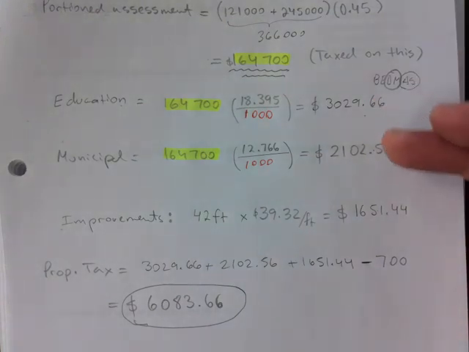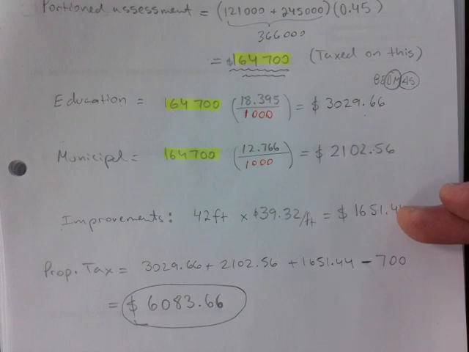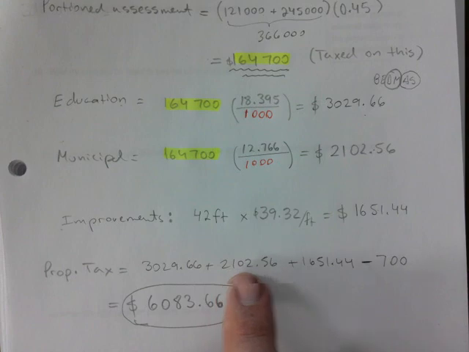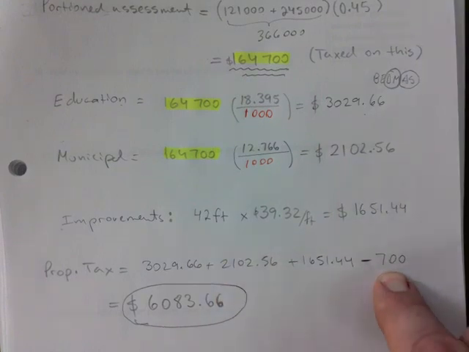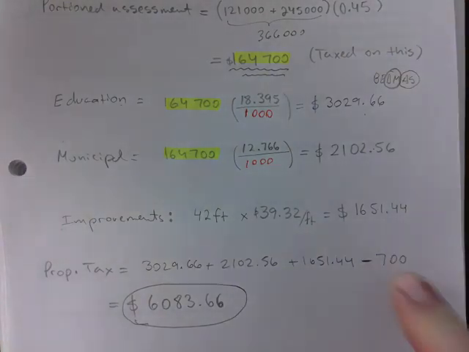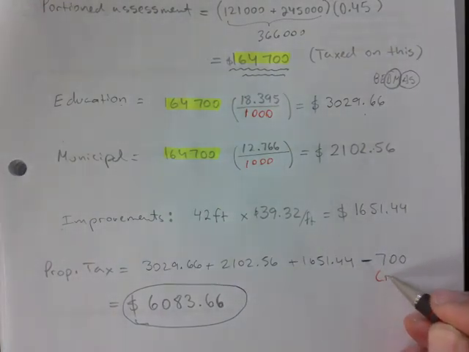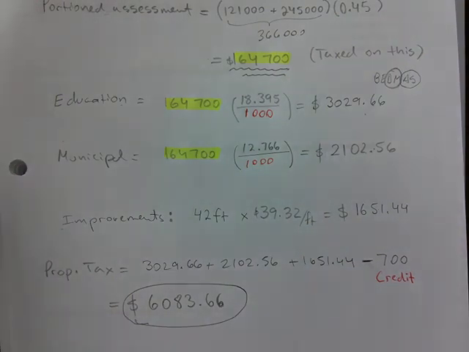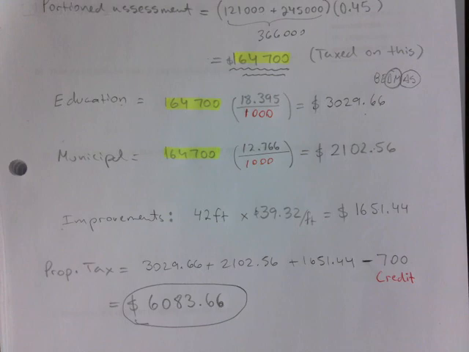And then we figured out all those components. In this case, there was only one improvement. So you go this plus this minus credit. So there you have it, 6,083. Yikes. Okay.